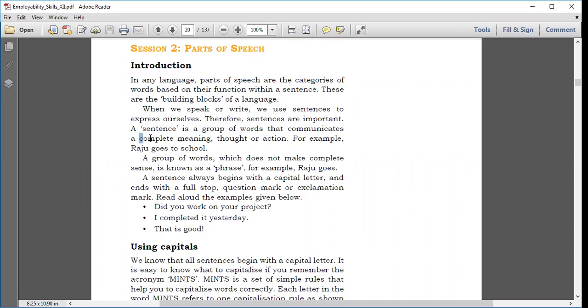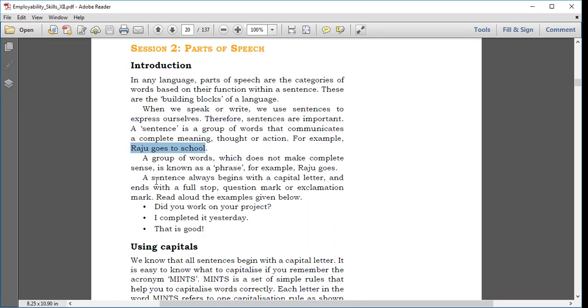And they always convey certain meaning and thought and action, right? So if your group of words are not making complete sense, such groups of words are called phrases. Right? Raju goes is a phrase. Raju goes to school is a sentence.